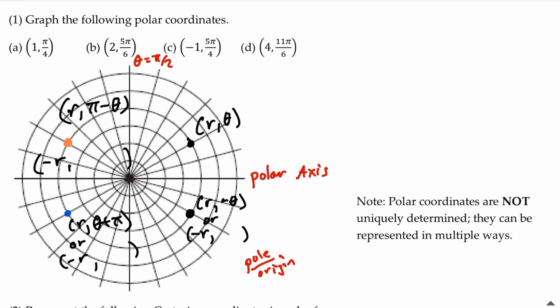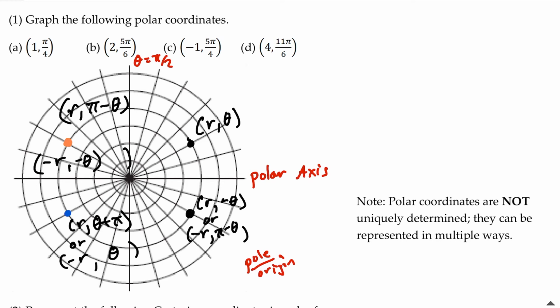So you might think about if you measured in reverse to get to that point, you would have negative r, negative theta for symmetry about theta equals pi over 2. So you'd measure to the left r units and then rotate backwards. So you need to use negative theta. For symmetry about the origin, it's going to be negative r comma theta. And then for symmetry about the polar axis, if we did negative r, it's going to be pi minus theta.